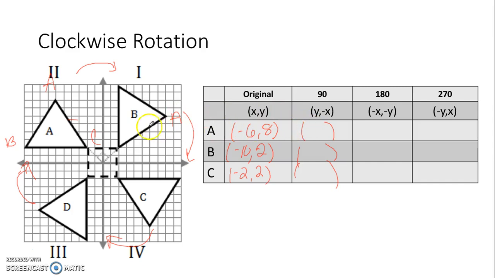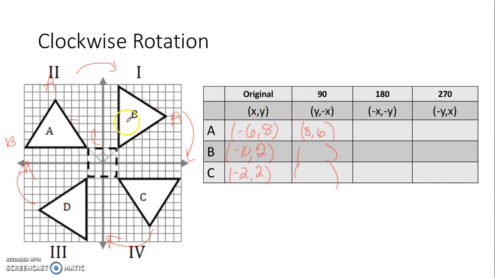We can count 1, 2, 3, 4, 5, 6, 7, 8. It's 8, 6. Now, what did we just do here? We flipped the x and the y, so now it's y, x, and the x is the opposite of the original x. This is the part that's a little more abstract, and for some of you abstract thinkers, you like that better than just thinking about what quadrant it's in.